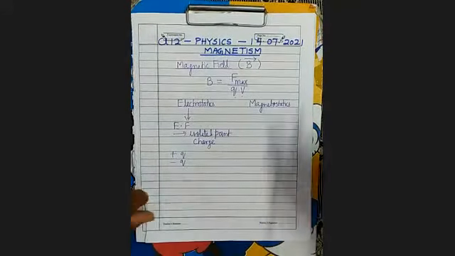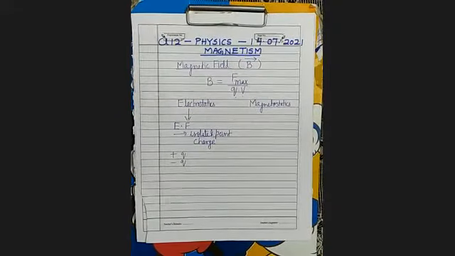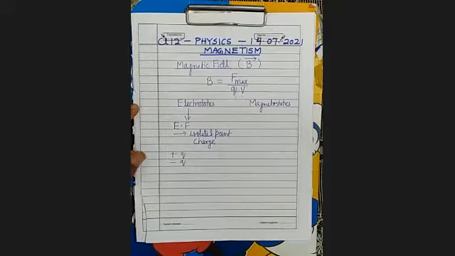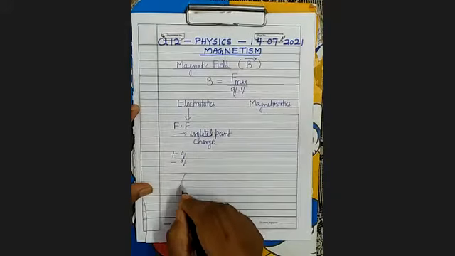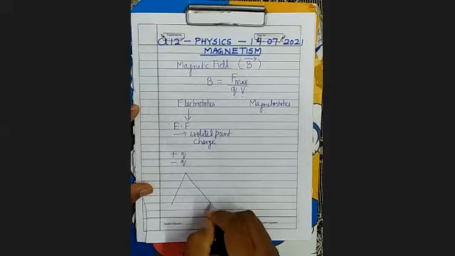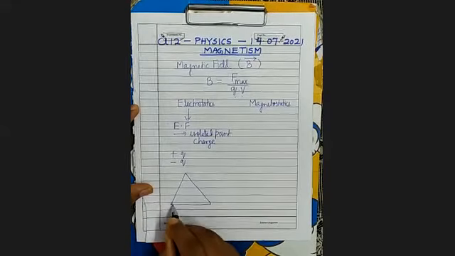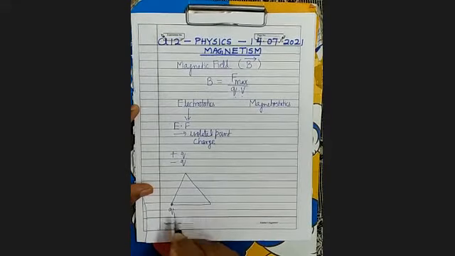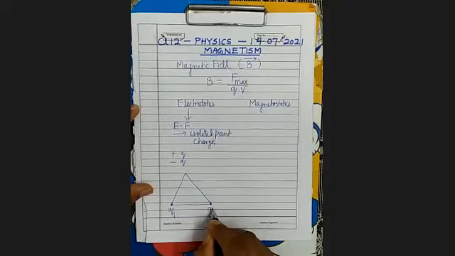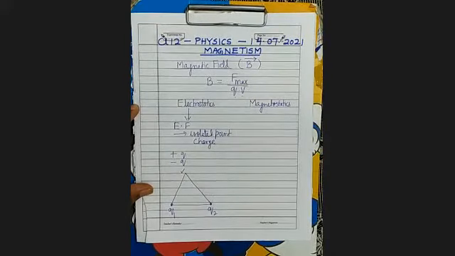Then after that, you have studied the electric field due to a group of point charges. For example, here there are three charges. Two charges are placed at two vertices of the triangle, and then you have to find the electric field at this vertex.